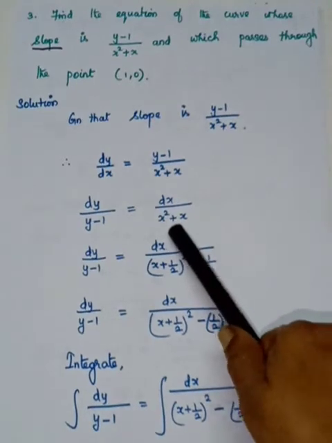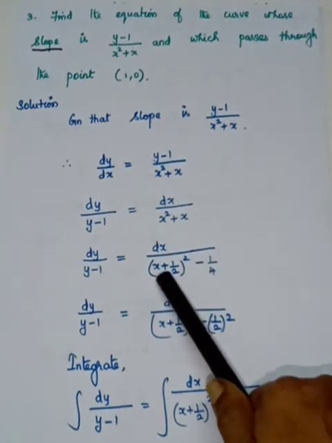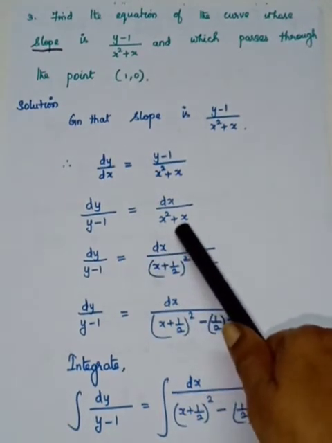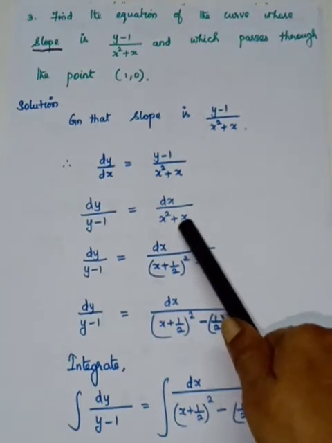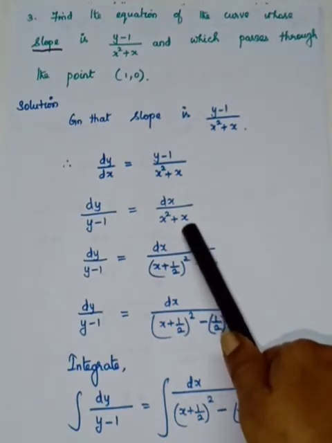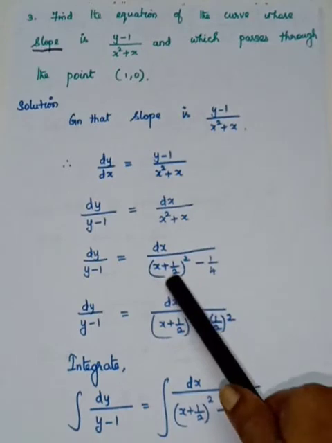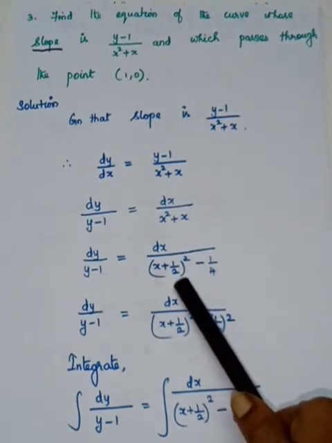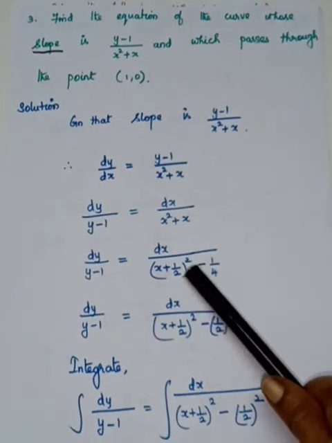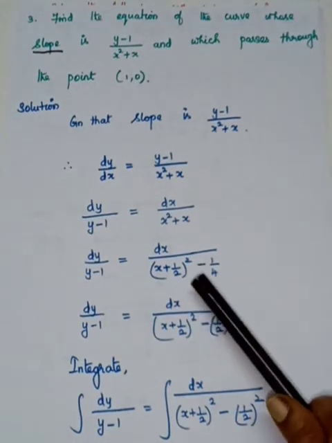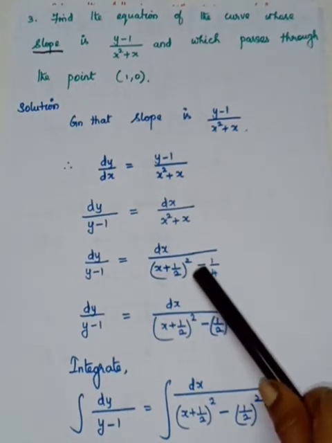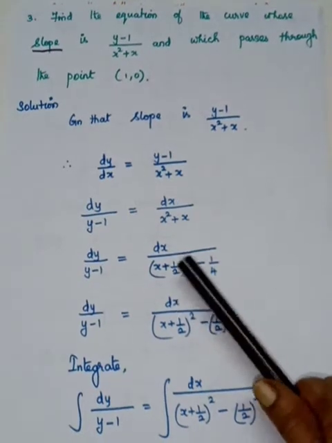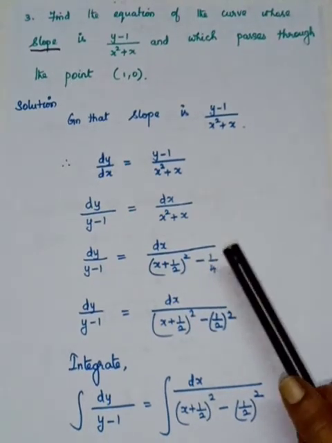Here, whatever the sign you are having, you have to write the sign, and you have to write half of the coefficient of x. What is the coefficient of x? Here it is 1. So half, it has to be divided by 2. So that is 1 by 2, and you have to write the whole square. Here you have to write minus, and this 1 by 2 has to be squared, that is 1 by 4.